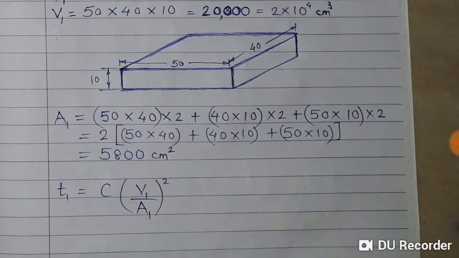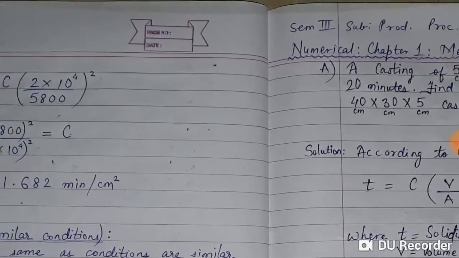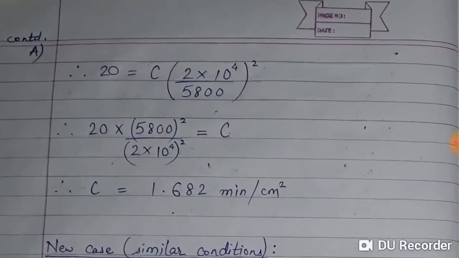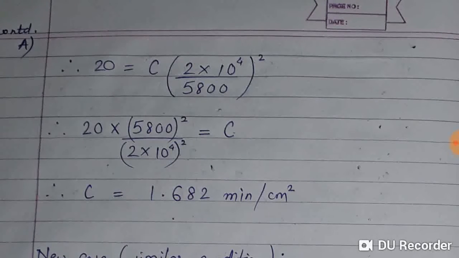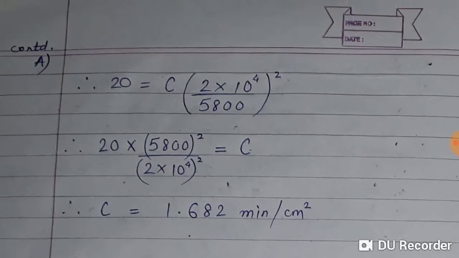Now we will use this formula to calculate C, because solidification time T1 is known, V1 we have calculated, and A1 we have calculated. So let's go and find C. In the formula we have put the time as 20, because for the given casting the solidification time is 20.